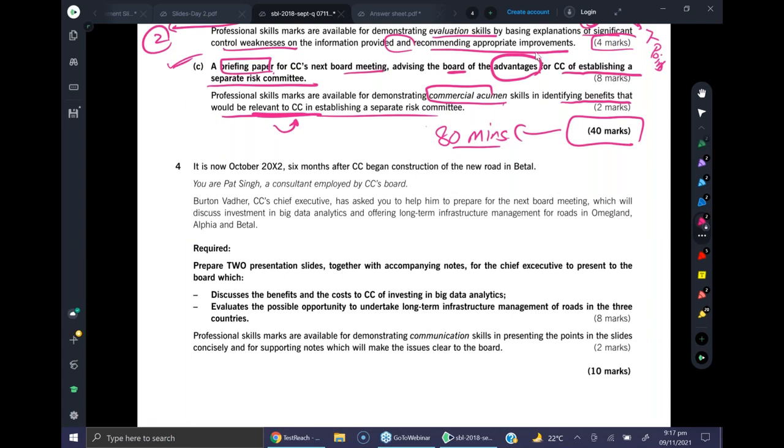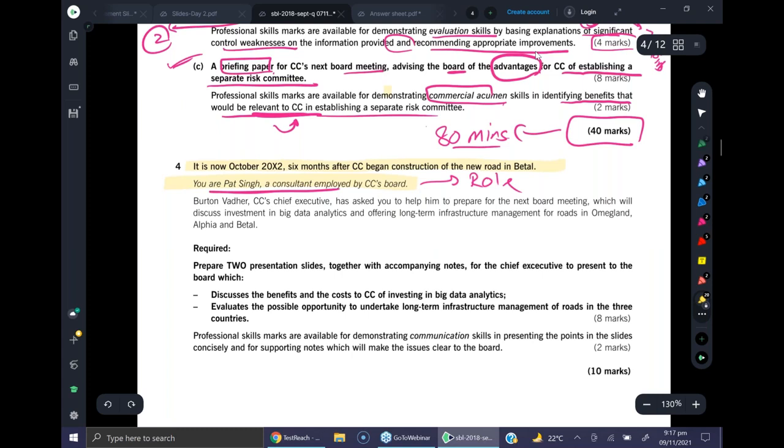Okay, requirement 4 is that it is now October 20x2, 6 months after CC began construction of the new road in Beetle. You are a practicing consultant employed by the CC board. It's funny how your roles are changing in this particular case study, but it is what it is.